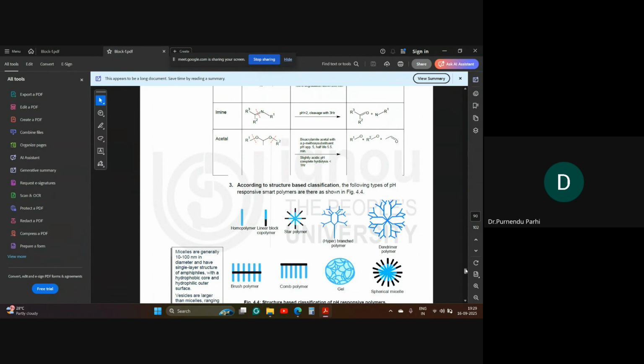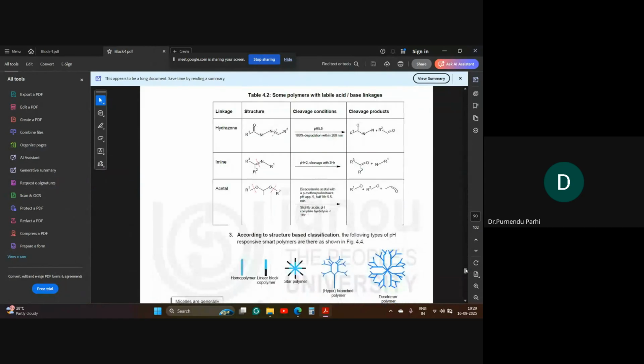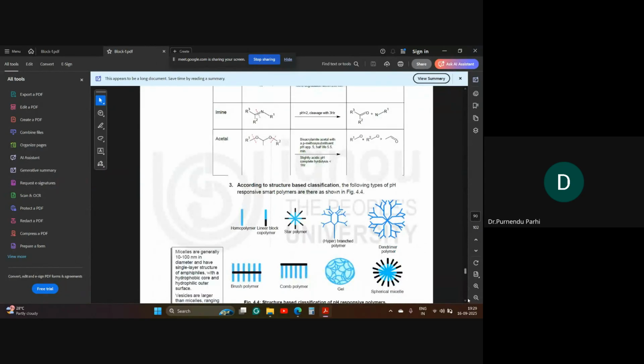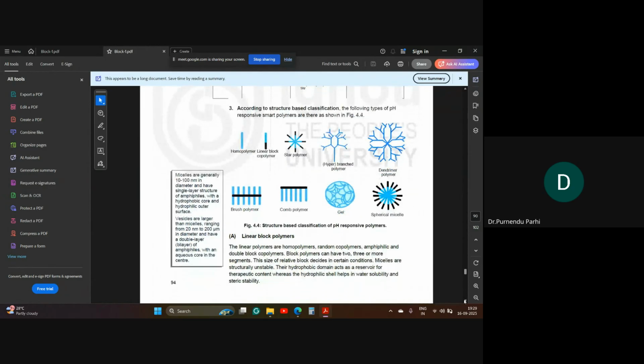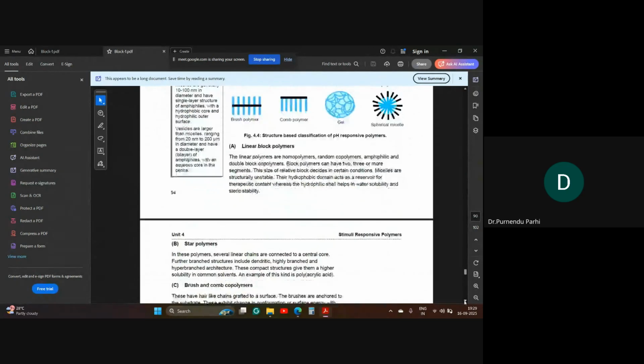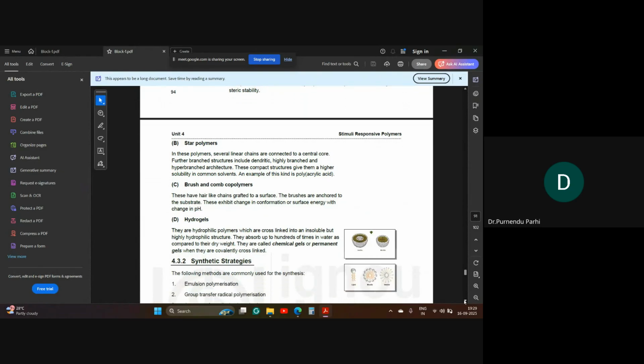Then according to the structure, the pH responsive polymers are differentiated into linear block polymers, star polymers, and hydrogels. Hydrogels are hydrophilic polymers which are cross-linked into an insoluble but highly hydrophilic structure.